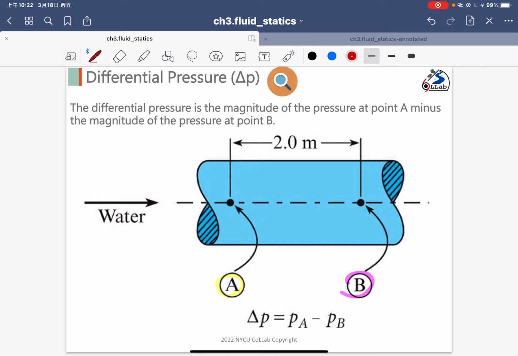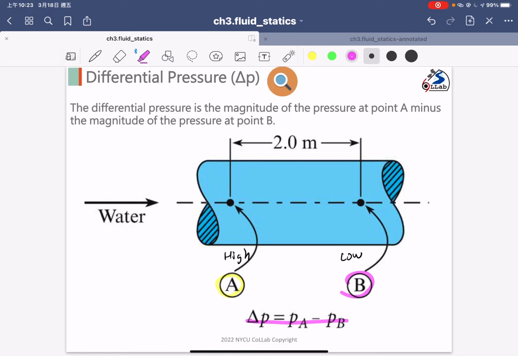So we guess the pressure at location A is higher, and there is a lower pressure at location B. That's why the flow will start from A to B, because high pressure will flow to lower pressure. For that case, we know delta P is positive because the flow starts from the left to the right.